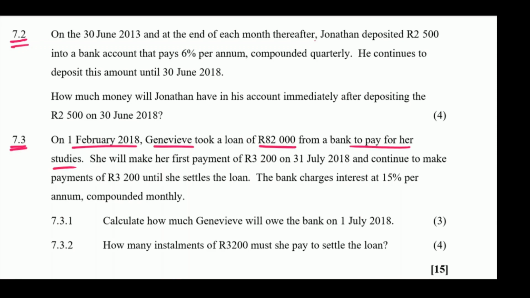She will make her first payment of 3,200 Rands on the 31st of July 2018, and will continue to make payments of 3,200 Rands until she settles her loan. The bank charges her an interest rate of 15% compounded monthly.